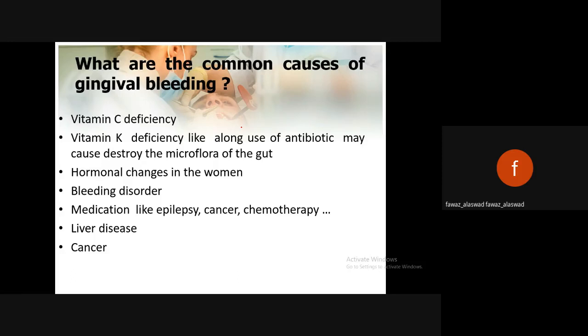Sometimes the patient complains from a bleeding disorder, for example von Willebrand disease, hemophilia, and so on, so investigate the type of medication. Liver disease may also influence it, because all the clotting factors are formed there. Here we could demonstrate in the liver an increase in the level of SGOT and SGPT, in addition to the prothrombin time being affected.